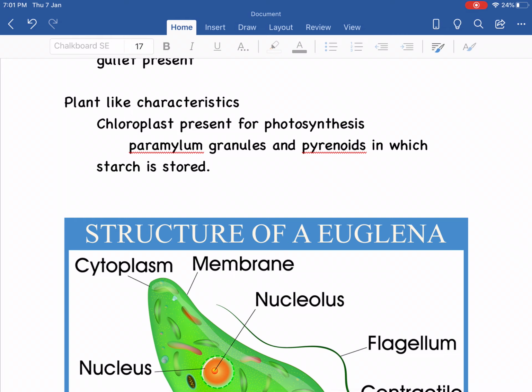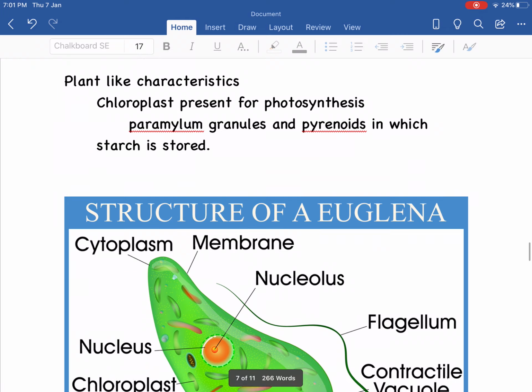The plant-like characteristic of the Euglenophyta, or the Euglena to be specific, is the presence of chloroplasts, and inside the chloroplasts is chlorophyll, which is used for photosynthesis. Paramylon granules and pyrenoids in which starch is stored are also found in most plant cells, not in animal cells.